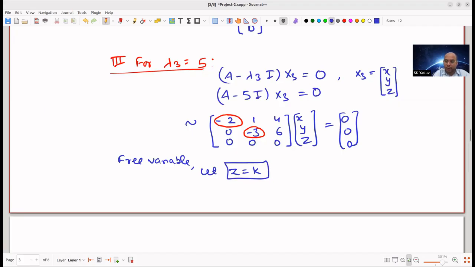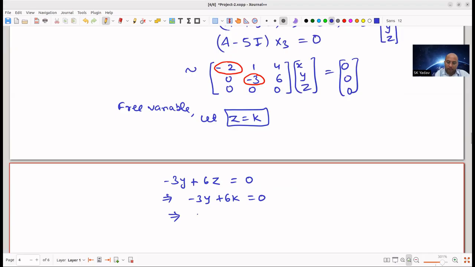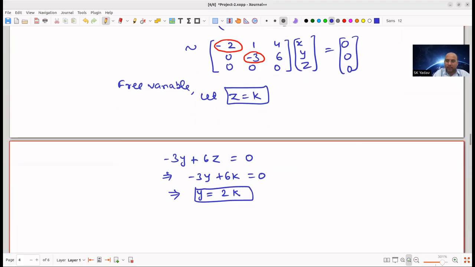Now use back substitution. From the second row, that is R2, we can write minus 3 times y plus 6z equal to 0. And this means minus 3y plus 6k equal to 0, which gives you y equal to 2 times k. Now use the first row to get x.